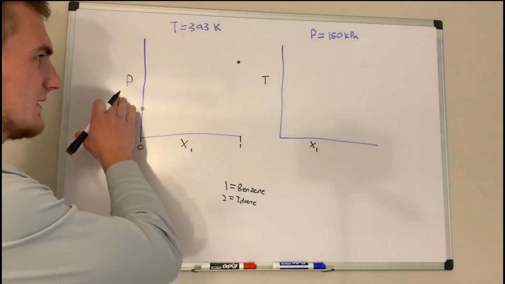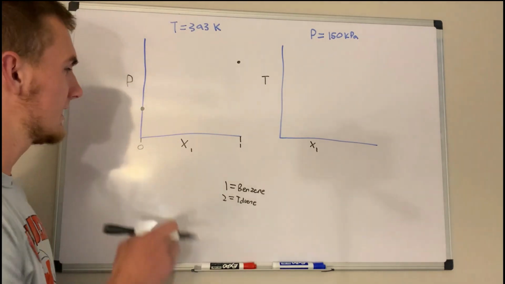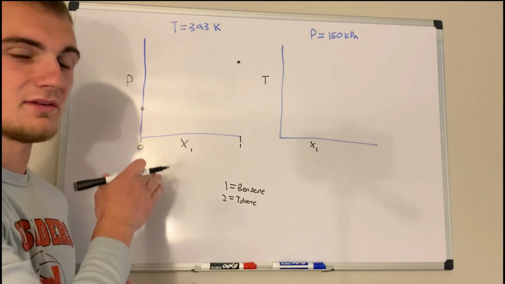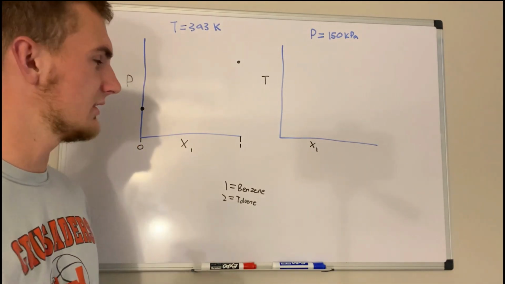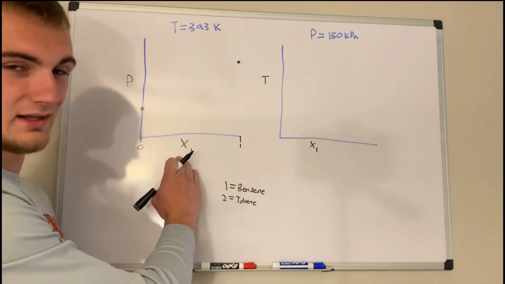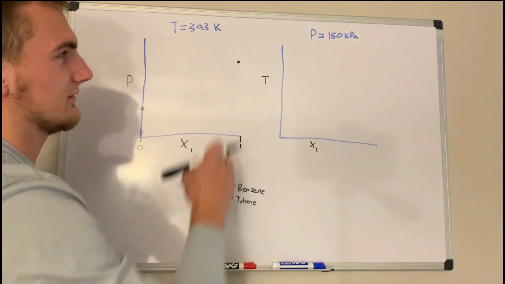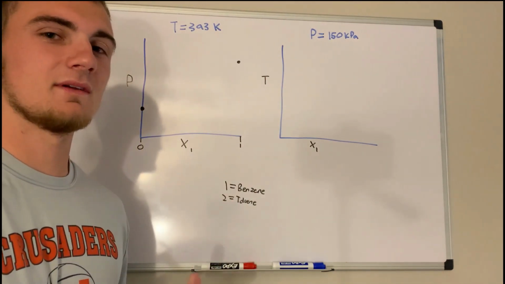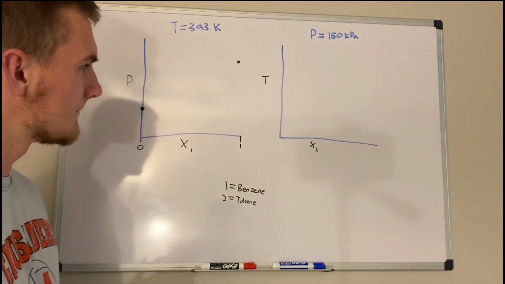If we have pure toluene, we're going to have a lower point because the vapor pressure of toluene is less than that of benzene. And at 1 for x1, remember we're plotting x1 on the x-axis, if we have pure benzene, we're going to have a higher vapor pressure because the vapor pressure of benzene is higher than that of toluene.